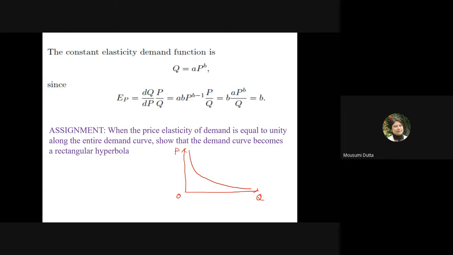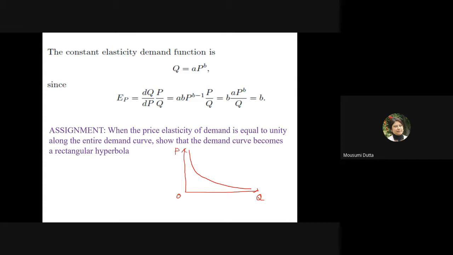In other words, the line comes very close asymptotically to both the axes. So if there is a downward sloping convex curve which asymptotically merges with both the axes, the curve is called rectangular hyperbola. So the assignment is, when price elasticity of demand is equal to unity, we will have a demand curve which is a rectangular hyperbola.